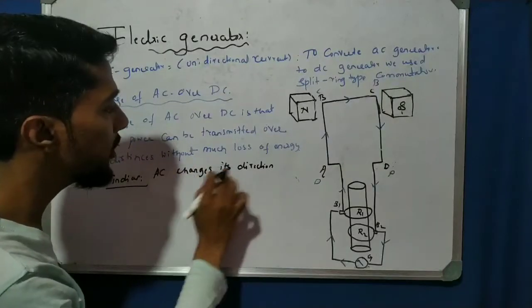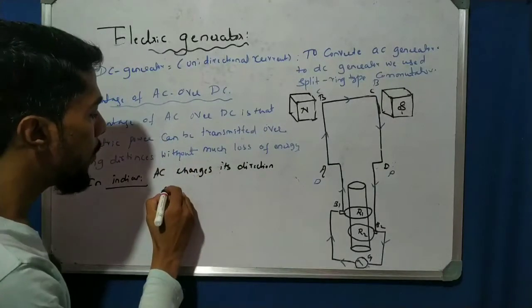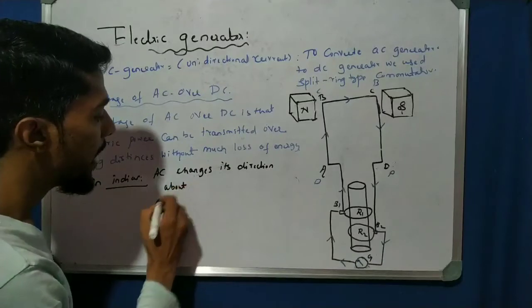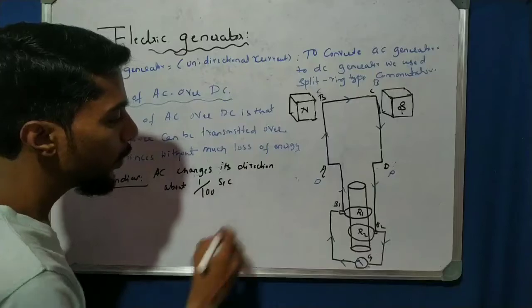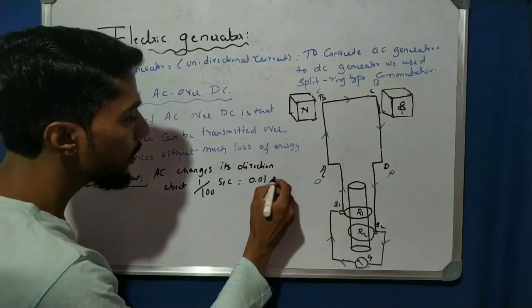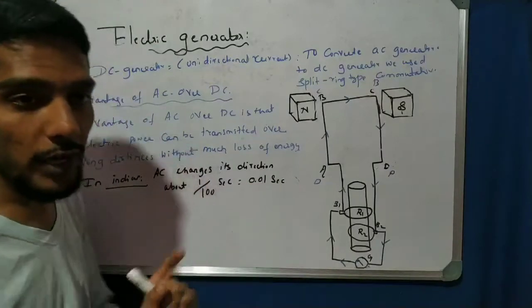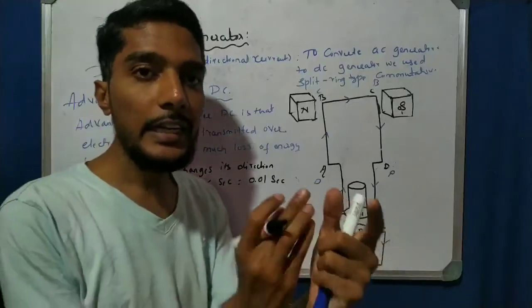AC changes its direction in India about every 1/100 seconds, which means 0.01 second. For every half rotation, it changes direction.